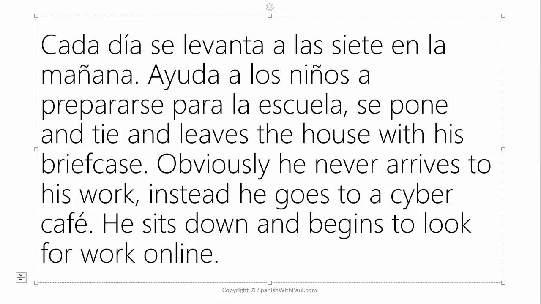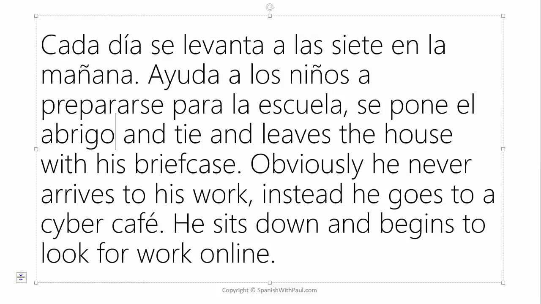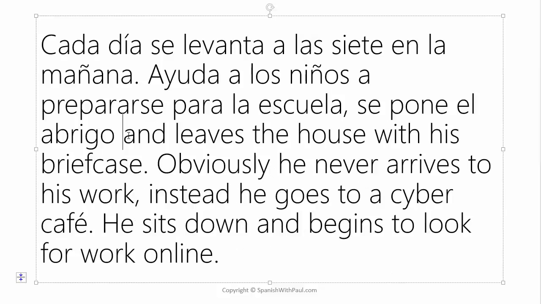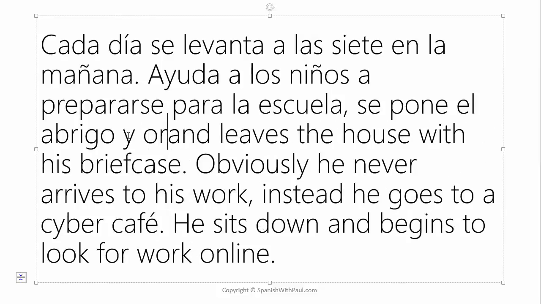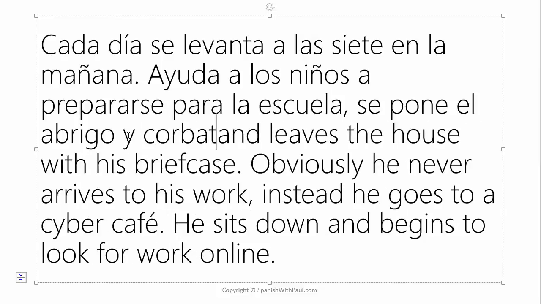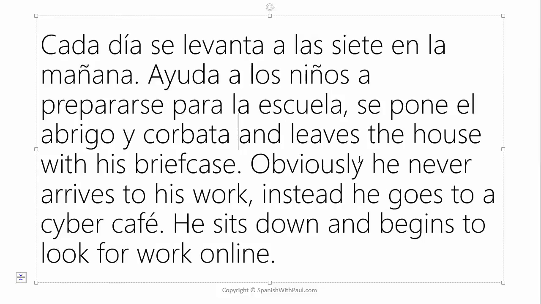They would just say the jacket. They wouldn't bother with his. So el abrigo. This is the word for coat or jacket. Se pone el abrigo. Literally kind of, he puts on himself el abrigo and tie. So, y corbata. Like this is the word for tie.